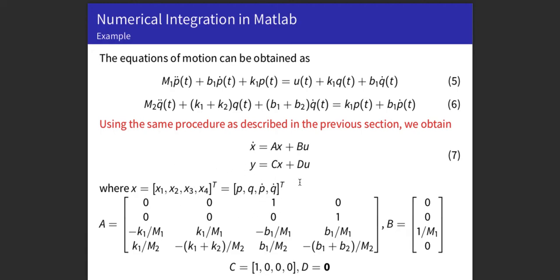Finally you obtain A, B, and C, and D is 0. A is a 4 by 4 matrix, B is a 4 by 1 matrix, and C is a 1 by 4 matrix.